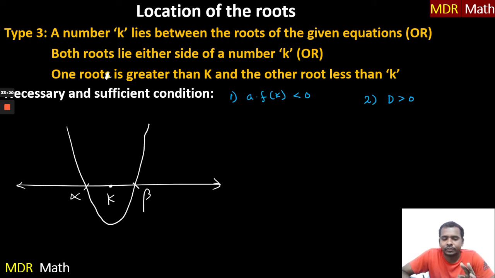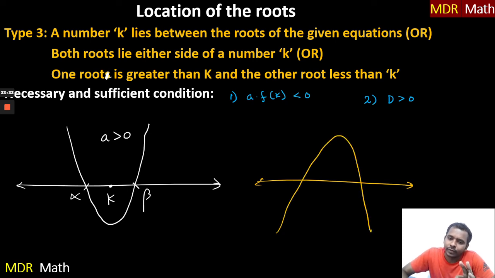So this will be your k, when a is greater than 0. Let's see it for when a is less than 0. Let's say this is alpha, this is beta and this is k. K lies between alpha and beta.